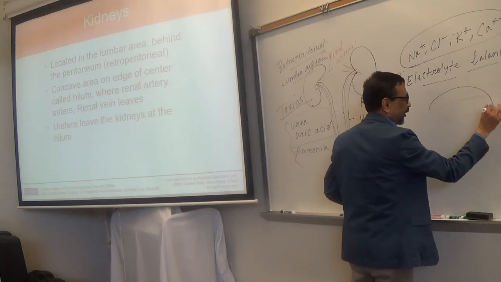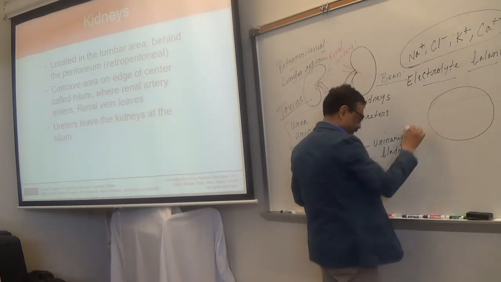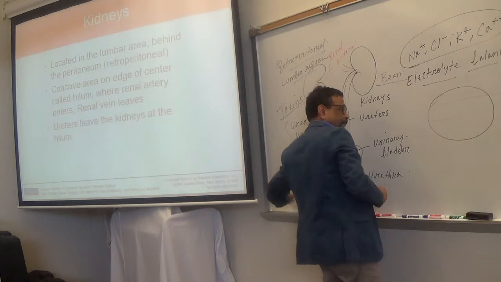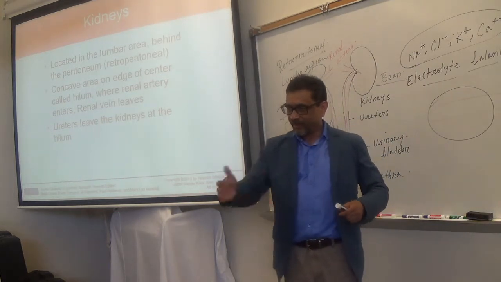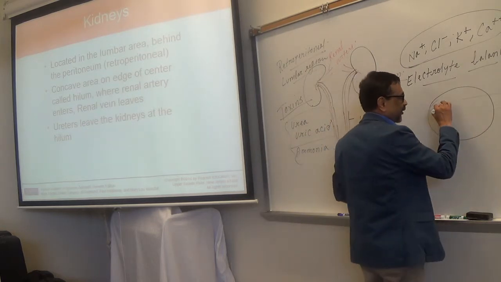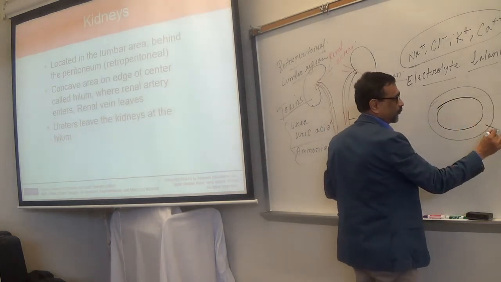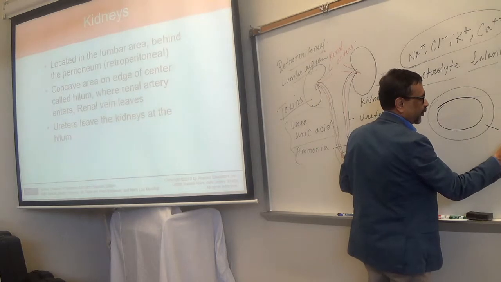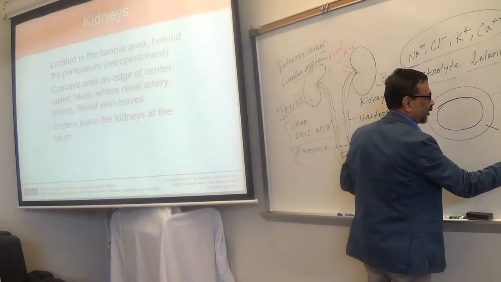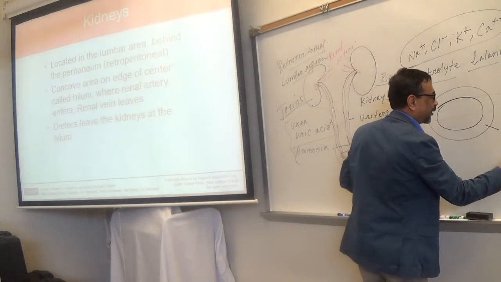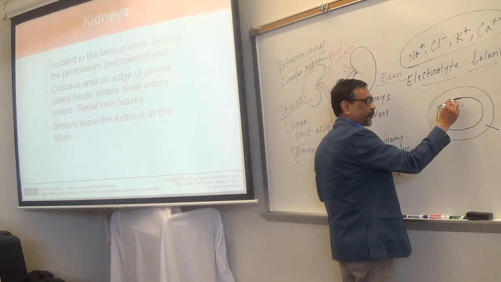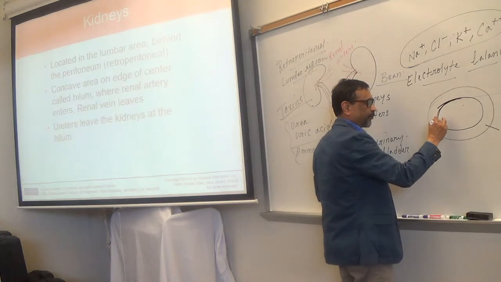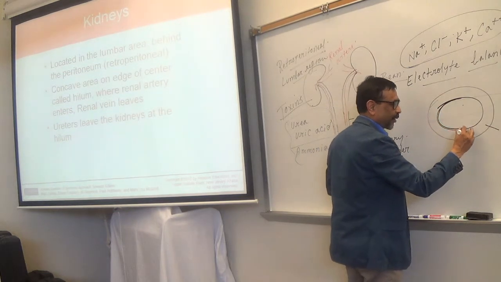Let me show you here. This is your cross section. If I make a cross section here, this is the cross section of your abdomen. This is the abdominal wall. And this is called the peritoneum, attached to the abdominal wall.